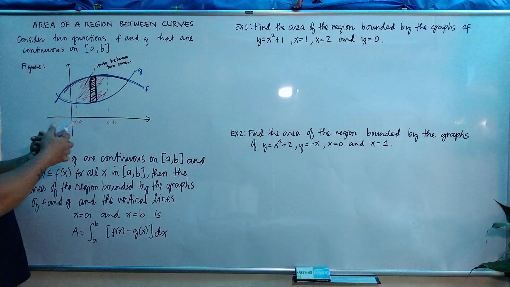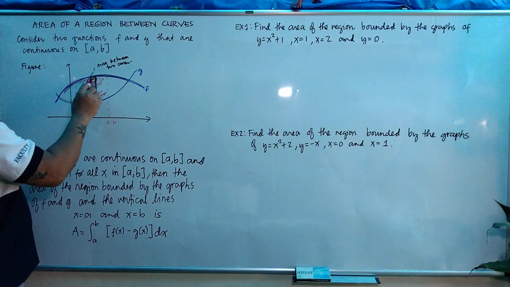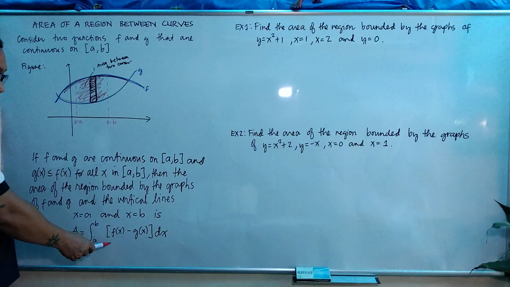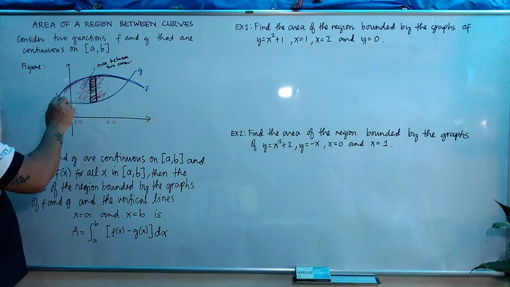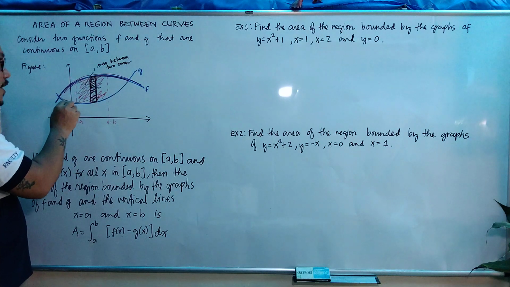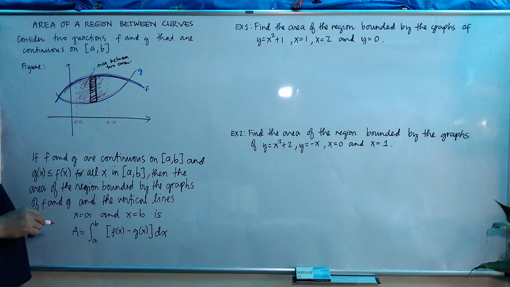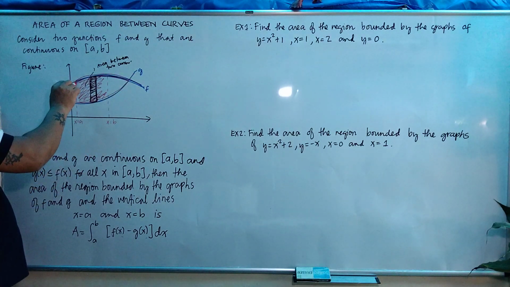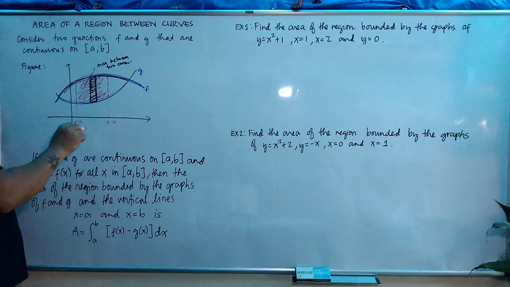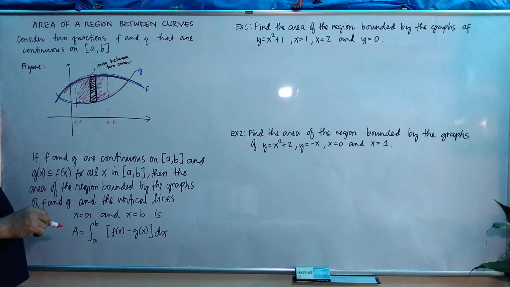Subot pa sabot, para daw makuha nato ning area din okay? Ato siyang i-apply ani. So, i-determine nato si f of x. Si f of x is the upper graph. Then, si g of x mo ang lower graph. Okay? From this line, nga x is equal to a, then x is equal to b. Okay?